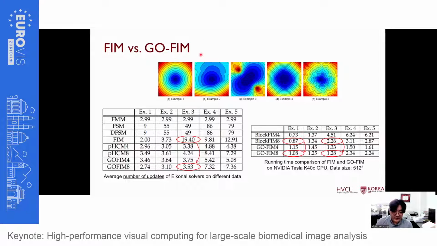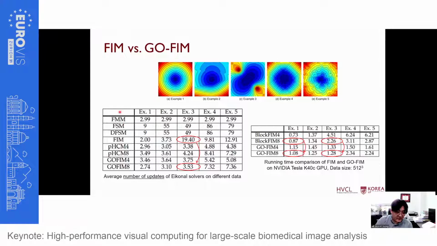In the previous slide, I explained that the group order is basically assigning the block level order using coarser resolution distance computation. By doing that, for example in example 3, this is the average number of updates, which means this is not the time but the total number of updates.